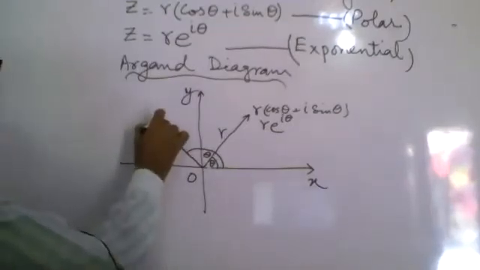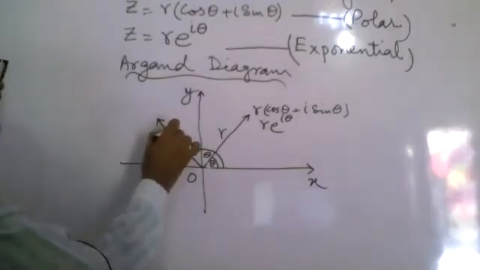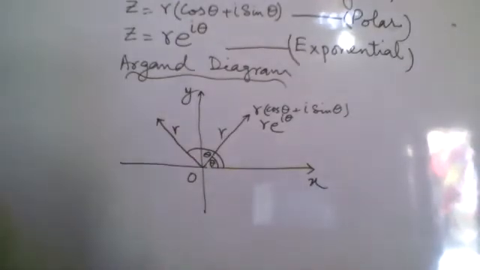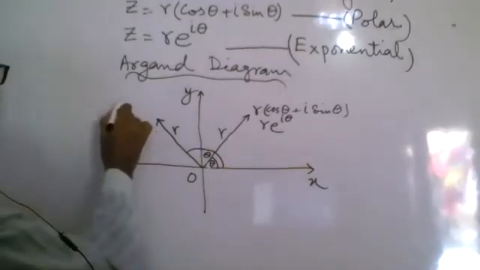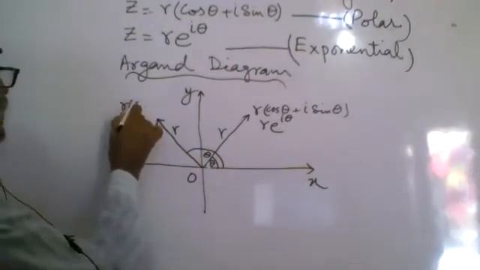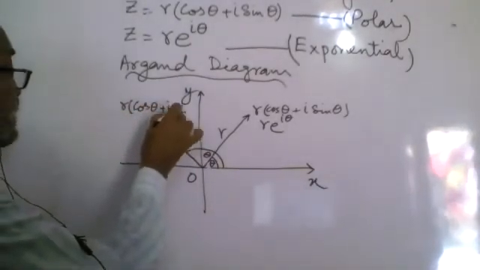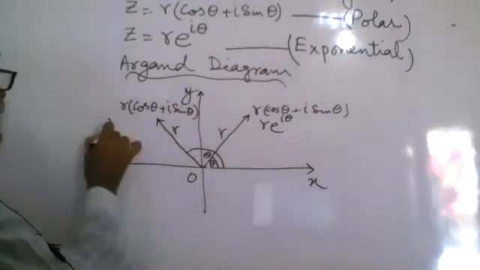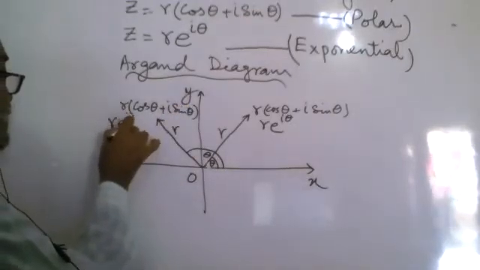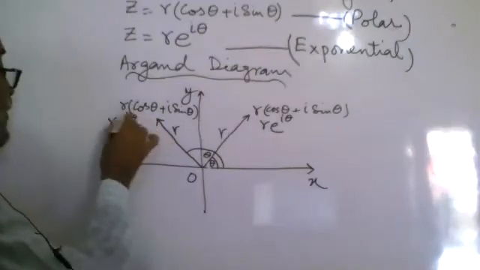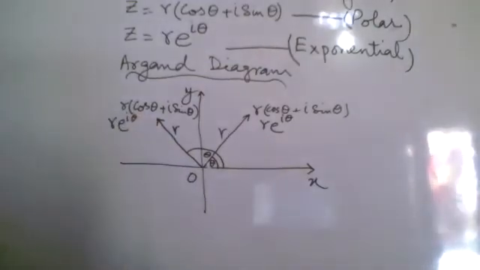This is r. So we will write over there r cos theta plus iota sin theta or r e raised to power iota theta. This or this, not both.